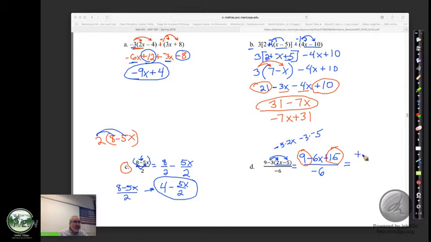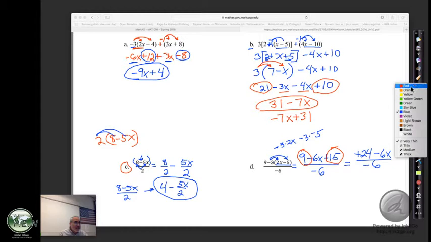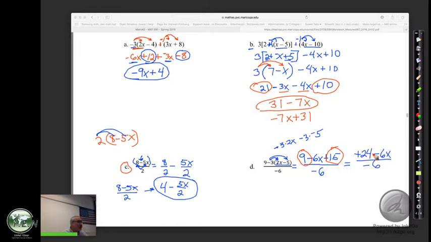And again, we could put it at the end or the beginning. Since we've got a negative, I'll do it this way. And then now what do we do? Divide. Do we just divide one of them? Both of them. Same thing we did with distribution. If we're going to distribute, we've got to be fair.